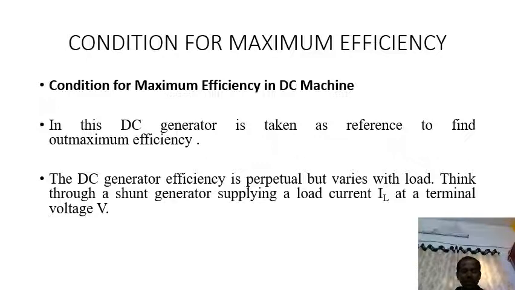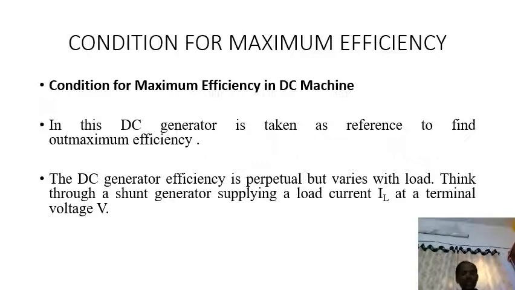The resistance in the armature is RA. So input is VI plus IA square RA, the armature loss, plus WC, the constant loss. However, ISS is negligible as compared to the load current IL.